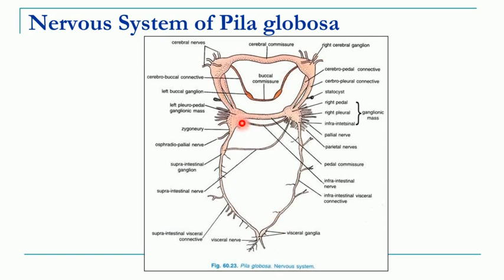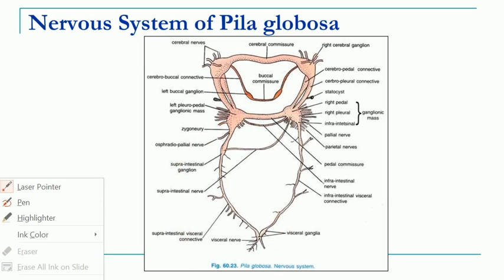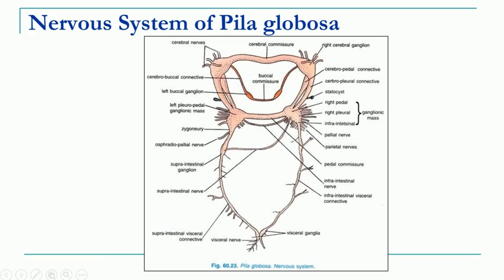Now here we will see the cerebral ganglion is connected with a pleural ganglion. Then that connective is called a cerebropleural connective. And when the cerebral ganglion is connected to the inner side pedal ganglion, then it is called a cerebropedal connective. Okay, so this is the cerebropedal connective and this is the cerebropleural connective.